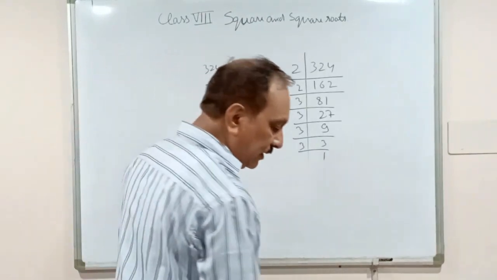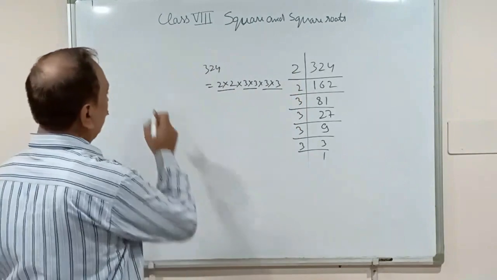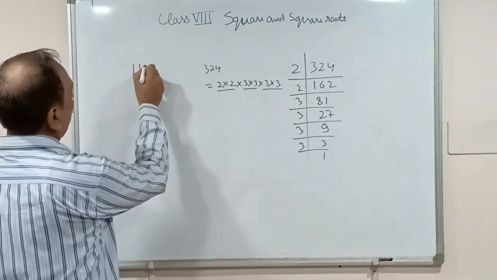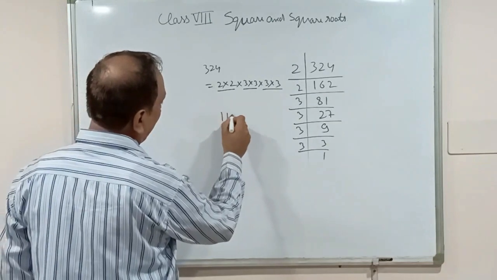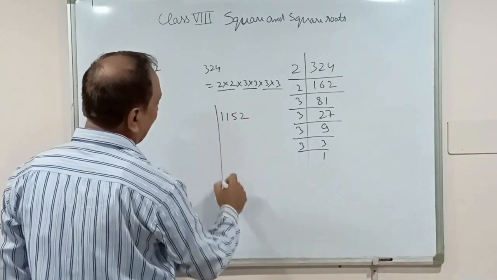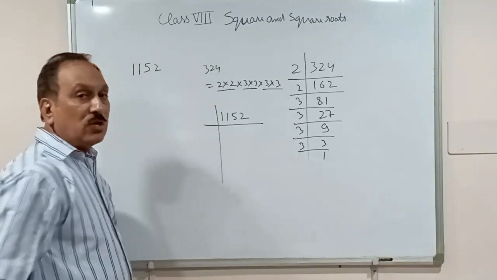Let me take the next number, 1152. Factors of 1152. इसके factors करते हैं. This is also an even number.